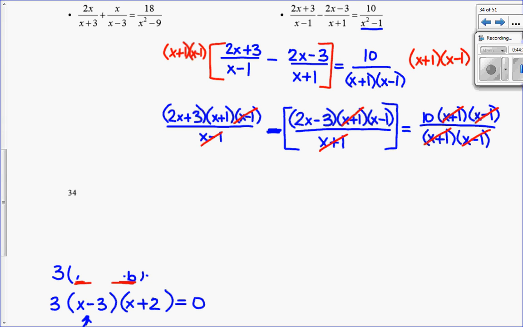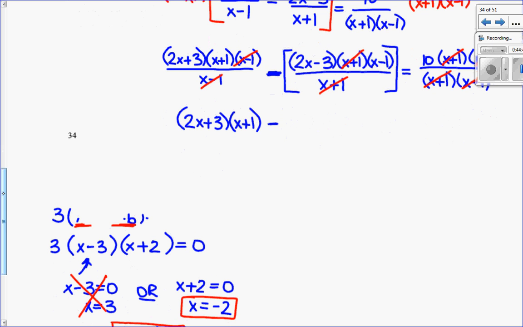Okay, so we've got on this side 2x plus 3 times x plus 1 minus 2x minus 3 times x minus 1. Again, I'm going to put that in brackets so that I remember that that's one whole amount that's being subtracted, and that's going to equal 10.